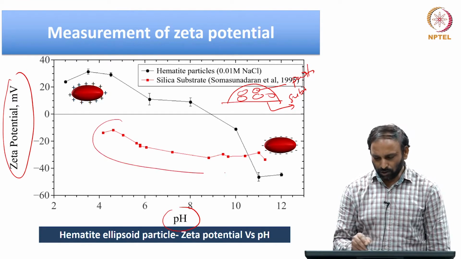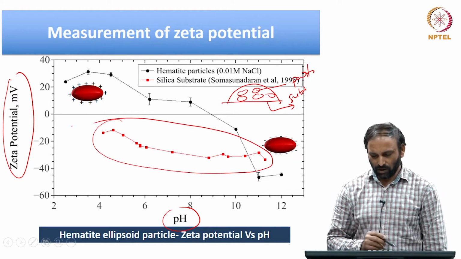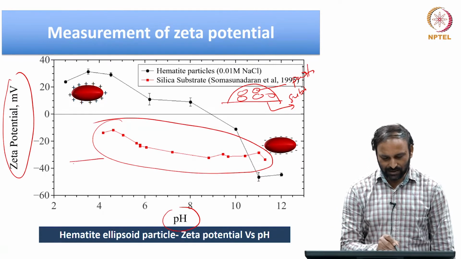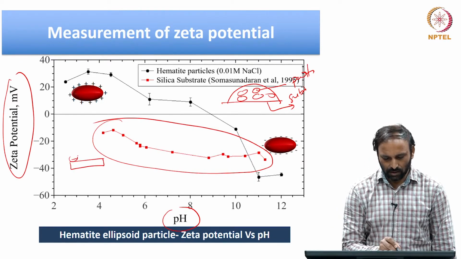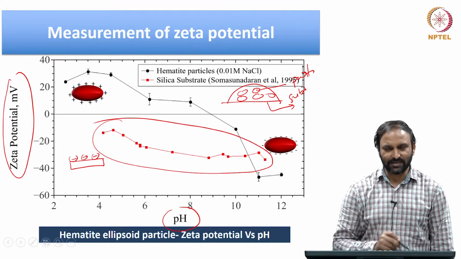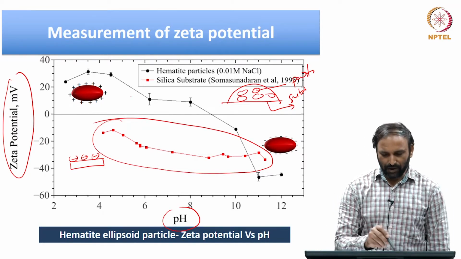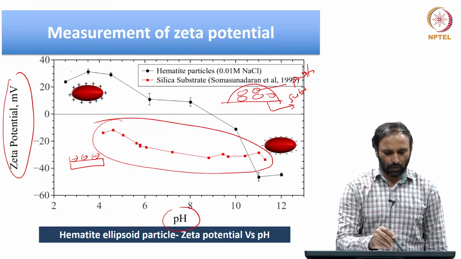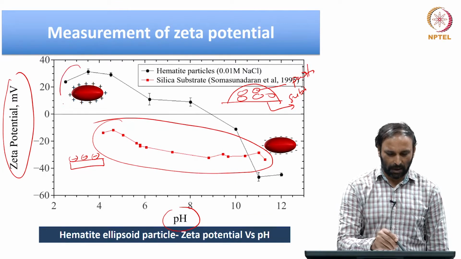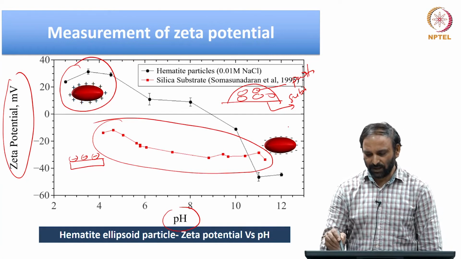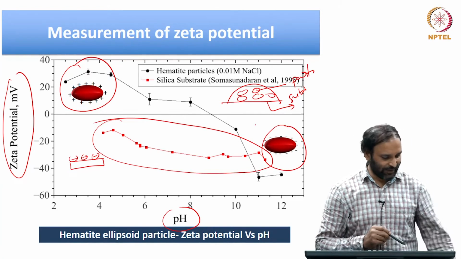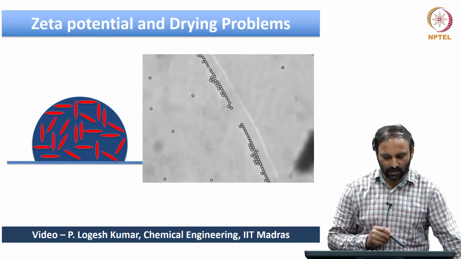Therefore, all through the pH window, the glass is negatively charged, because the zeta potential is negative. However, because these are hematite particles, we have a pH window where the particles are positively charged, and there is a pH window where the particles are negatively charged.